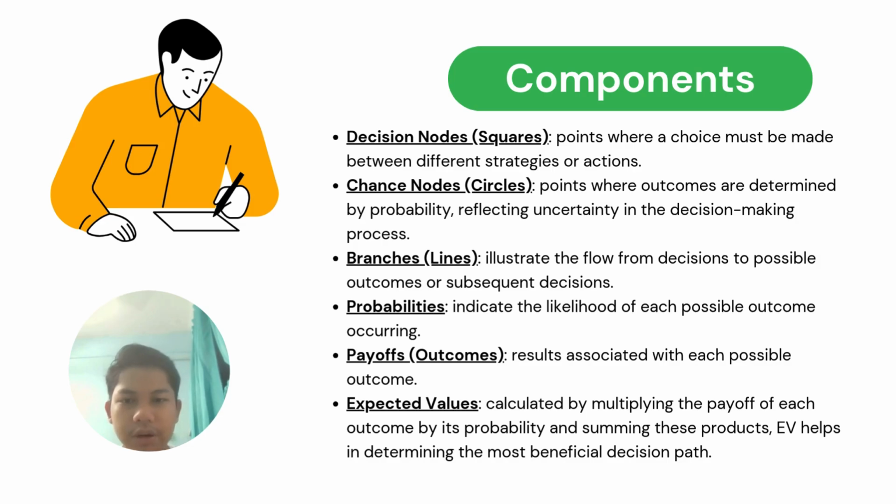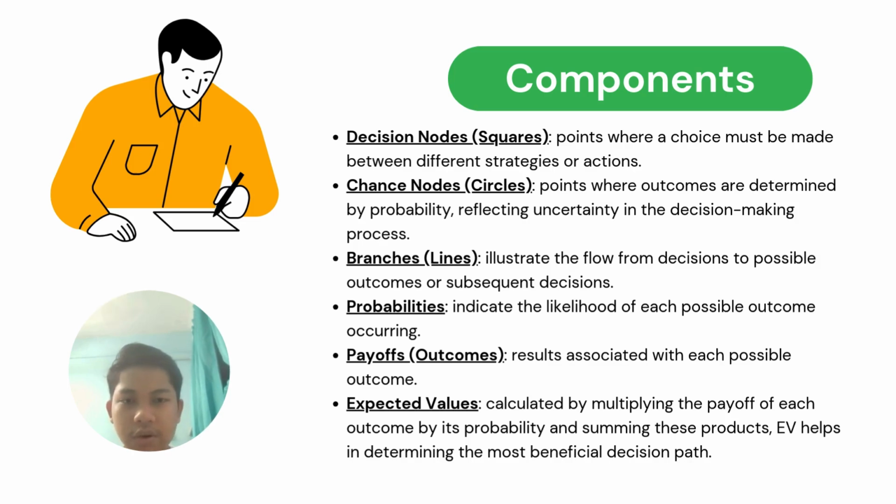Okay, so for this part, I will explain to you the components of decision tree. First of all, decision nodes, which are represented by squares. These are points where a choice must be made between different strategies or actions. Secondly, there are chance nodes, which are represented by circles. These are points where outcomes are determined by probability, reflecting uncertainty in the decision-making process.